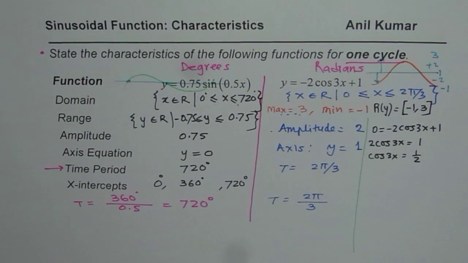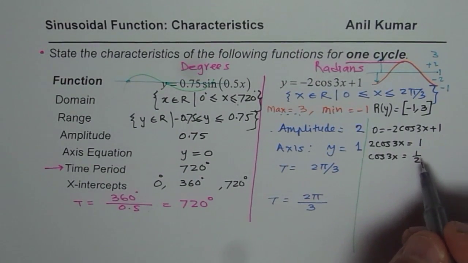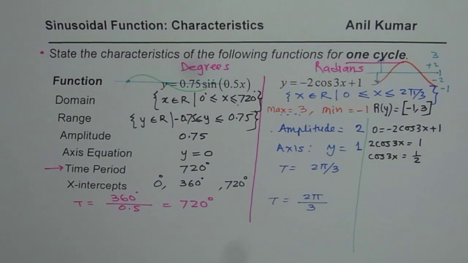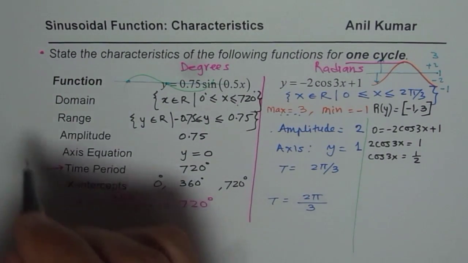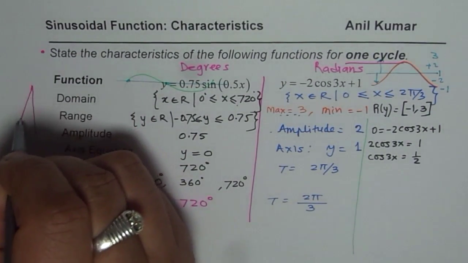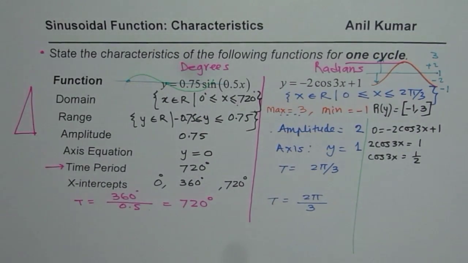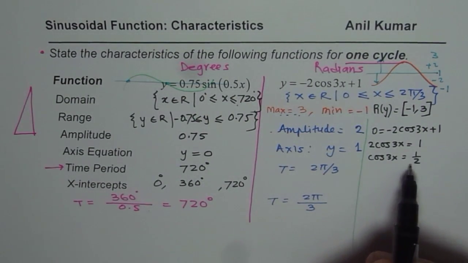So half. Now when is cos 3x half? You can use special triangle or your calculator, right? Now remember, we are doing it in radians, correct? Now special triangles, let me just find some space here. So I'm just using this space. It seems to be okay and free for us to use. We need half.